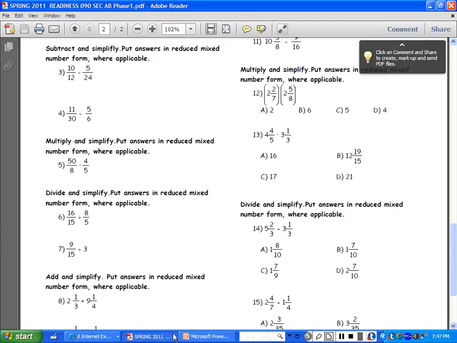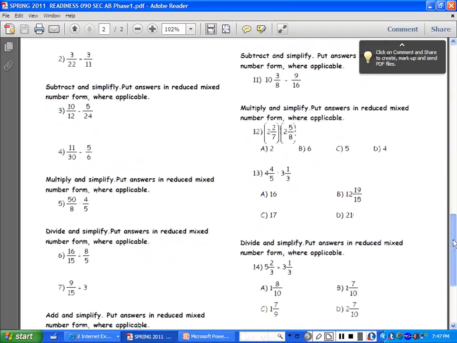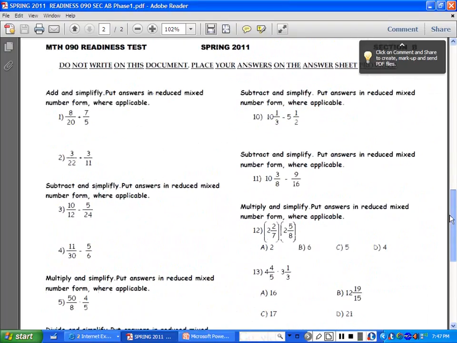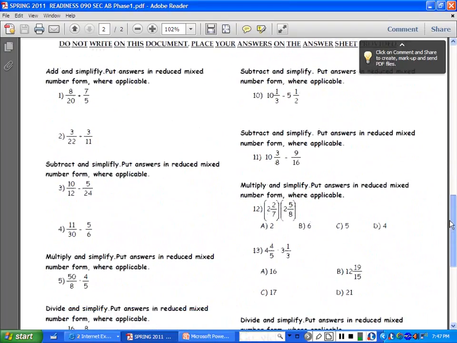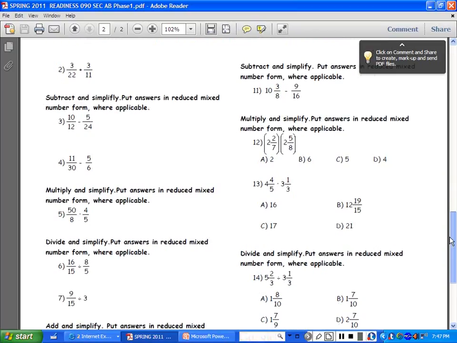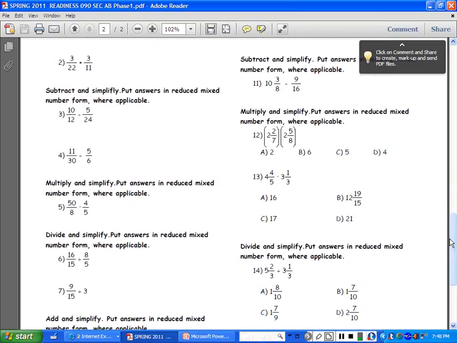Alright, let's try a mixed number. So let's go all the way to, let me scroll down. Let's try number 12. So we see these parentheses here.